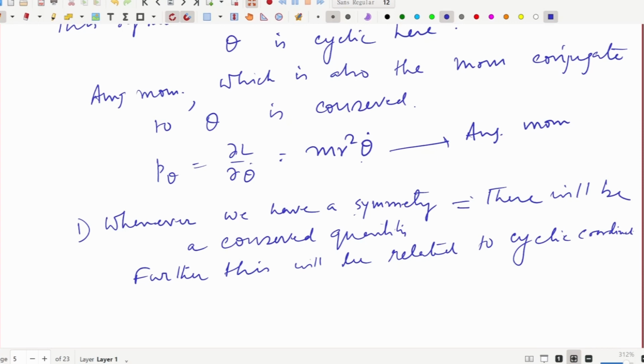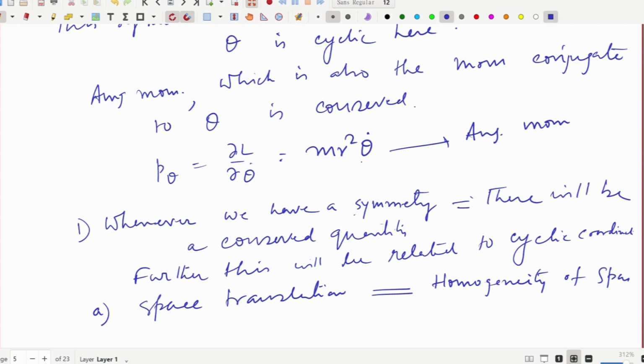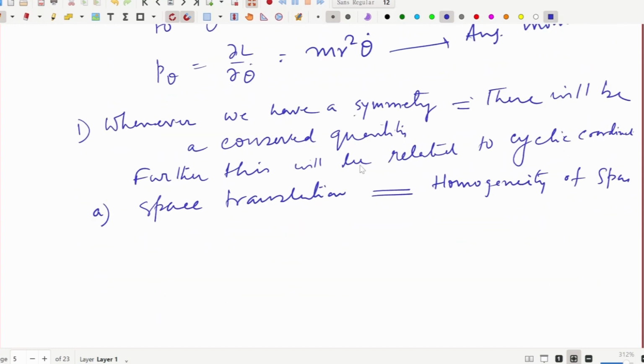This we have learned, and we have checked for three different symmetries. Space translation symmetry is related to the homogeneity of space. Then we have seen time translation, which is the homogeneity in time.